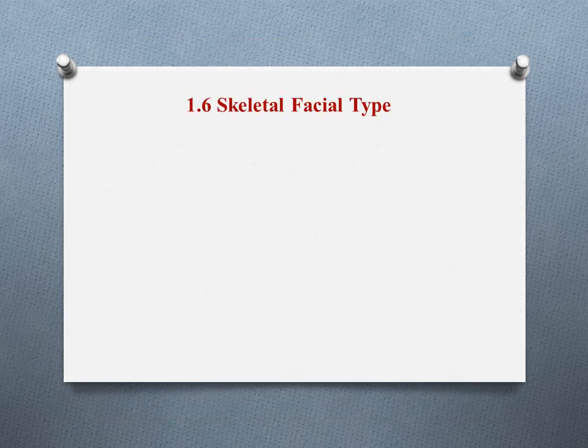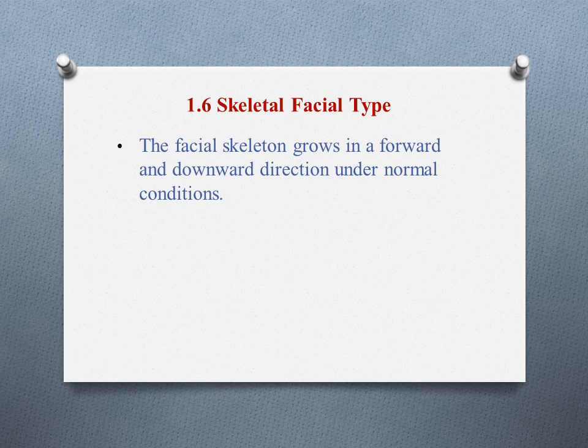Skeletal facial type. Lack of retromolar space is due to an insufficient amount of mandibular growth. Additionally, it can be related to the direction or rotation of growth, which determines the type of face: mesiofacial, brachyfacial or dolichofacial. The facial skeleton grows in a forward and downward direction under normal conditions.